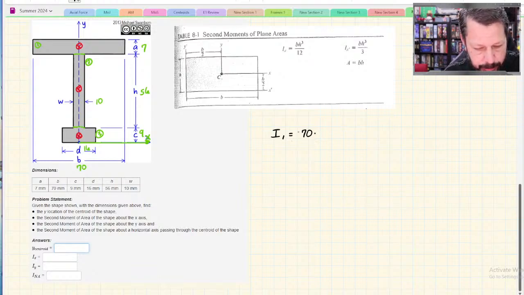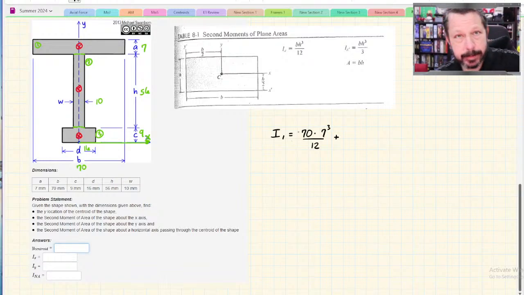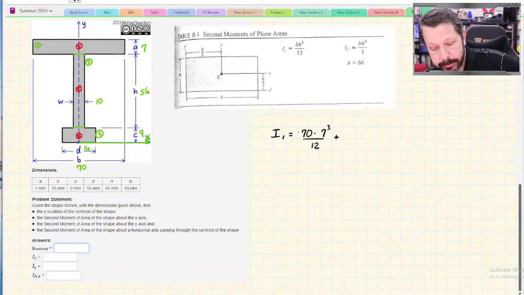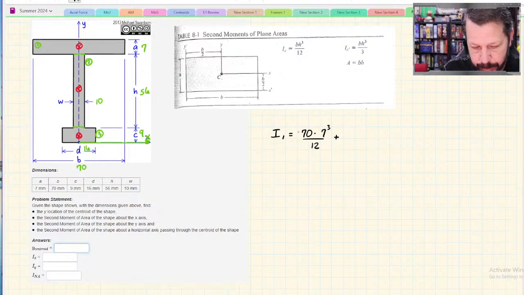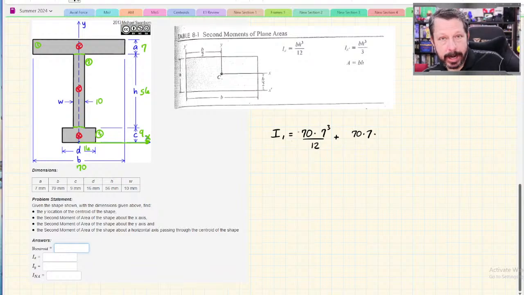BH cubed over 12, plus the parallel axis theorem, since that value that I just calculated is at the centroid of part 1 and not at the x-axis. So plus A, the area of part 1, is 70 times 7, times y squared.